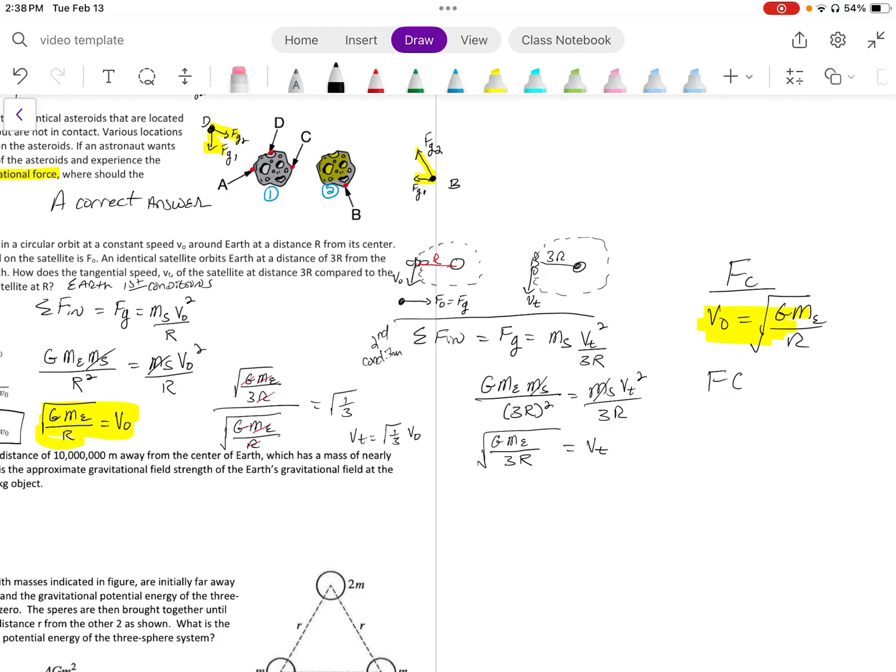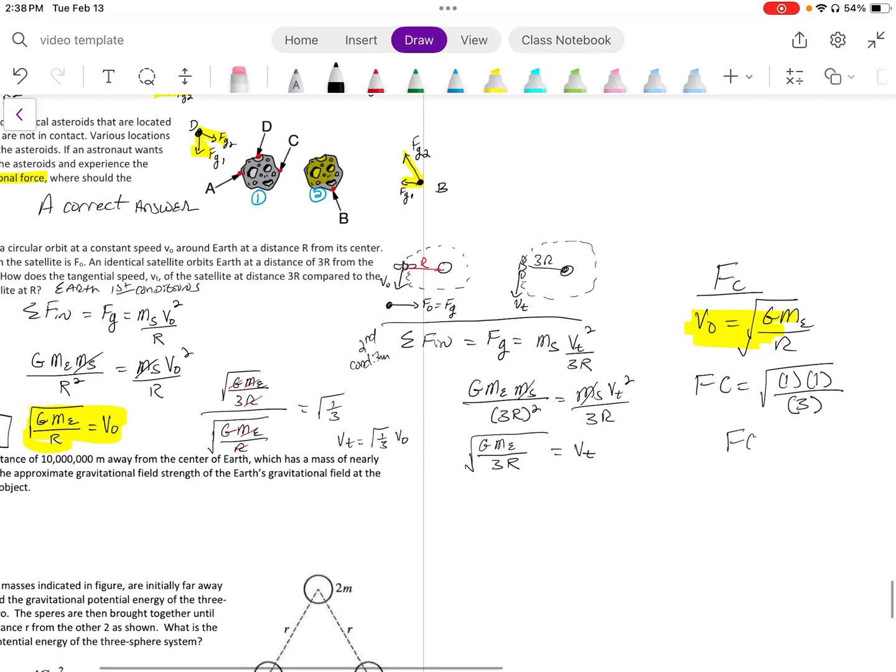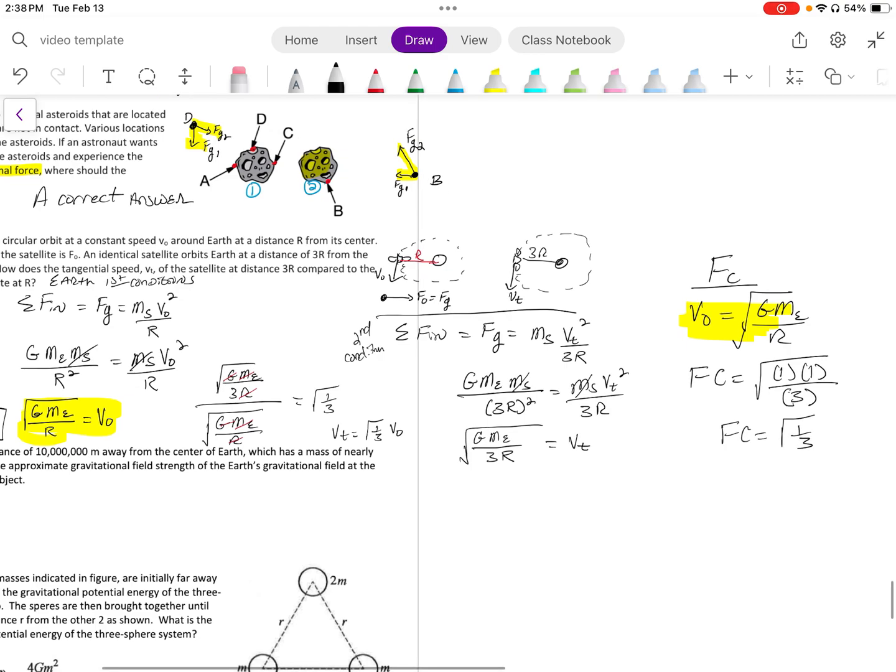And I'm going to calculate this factor of change. Look at each one of those items. Ask yourself if it changes with the new set of conditions. No, big G is a constant. The mass of the Earth doesn't change. The radius was increased by a factor of 3. So I'm going to put a 3 there. And we find the factor of change is equal to the square root of 1/3. Now, what do I do with that?